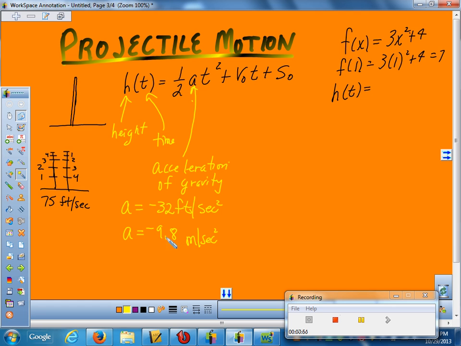It's negative 9.8. So those two numbers, you're going to fill one of those two in every problem. You're going to have to look at the problem and go, am I in feet or am I in meters? If I'm in feet, I'm going to use negative 32. If my problem is in meters, I'm going to use negative 9.8. But those are known about gravity. Now, if you go off to the moon, those change because gravity changes.